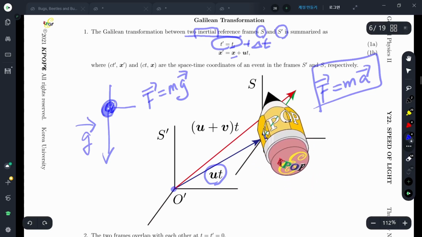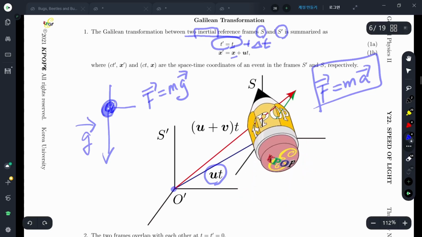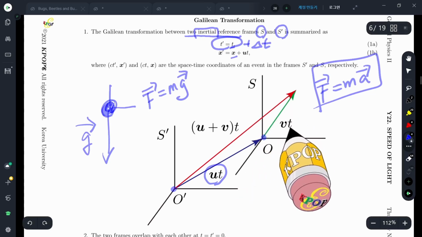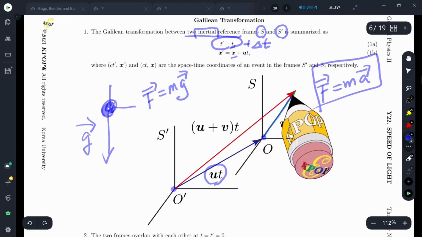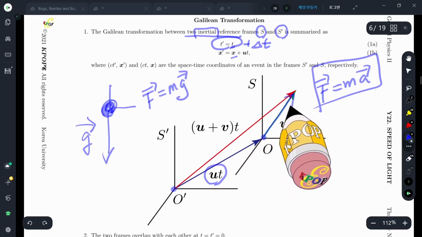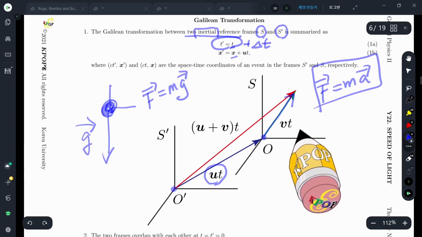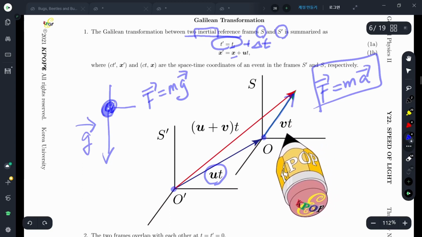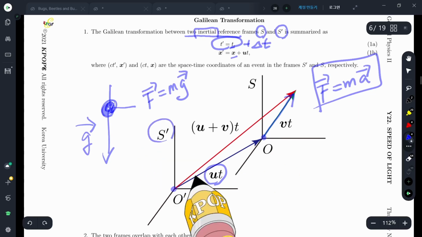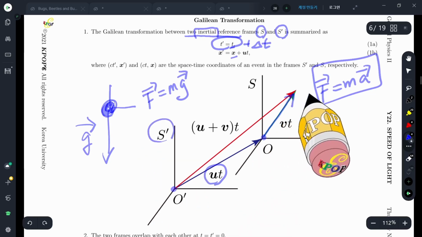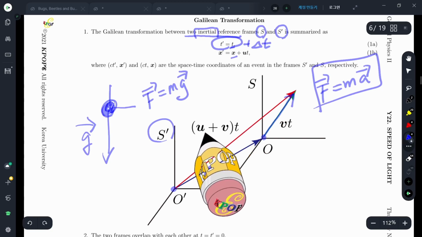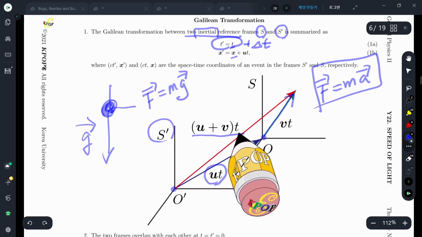Suppose that a particle in the frame of reference S is at v t at time t, if it is moving with a constant velocity v. Then the displacement from the origin of S prime, following this vector addition formula, is just u plus v times t.